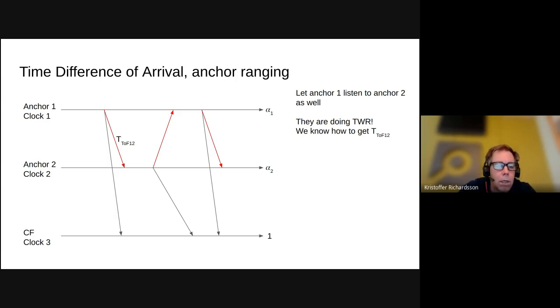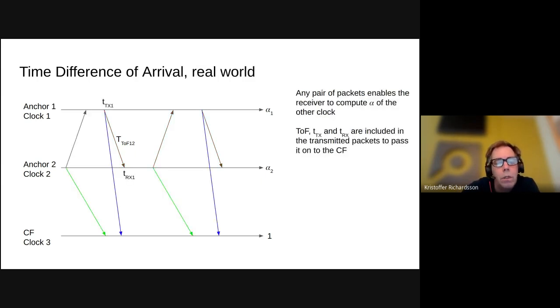And as a byproduct or side effect, the Crazyflie will listen to the same packets and will be able to calculate the TDOA between the two anchors. So this is an interesting feature of TDOA, that it is actually two-way ranging between anchors, where the TDOA feature that the Crazyflie uses is a side effect.